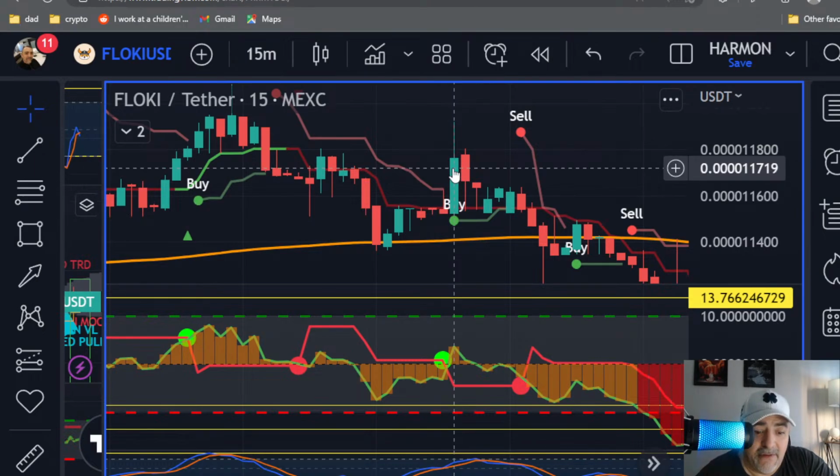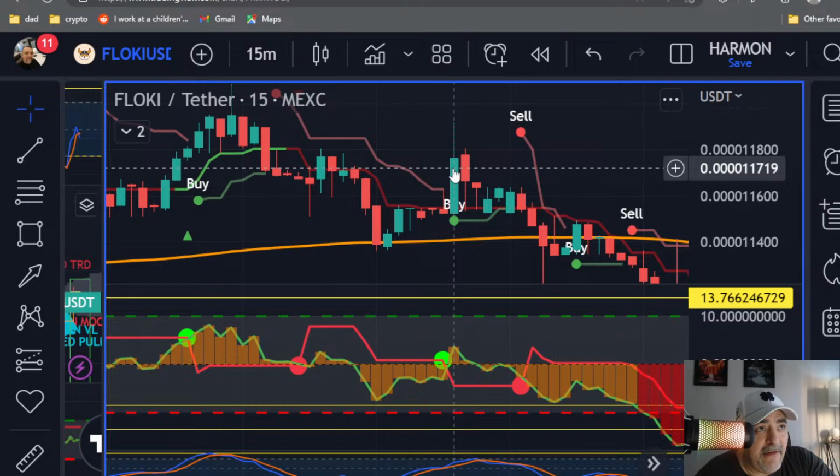Solid push again on that buy signal. That's right. Trend moon buy, positive volume 1.5.